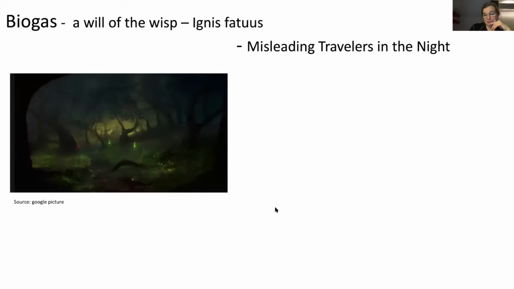Biogas has been around mankind since its rise. What I want to show you is a peatland or a swamp where you can see flames, because the biogas itself is very easily flammable.